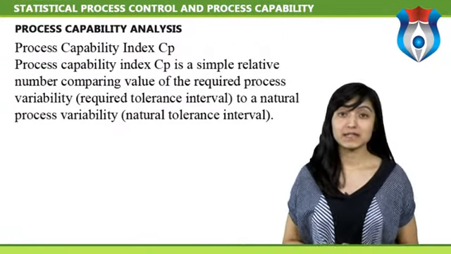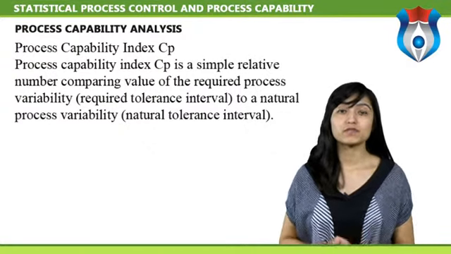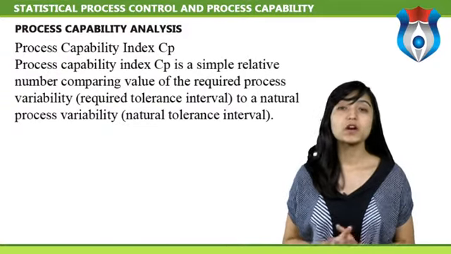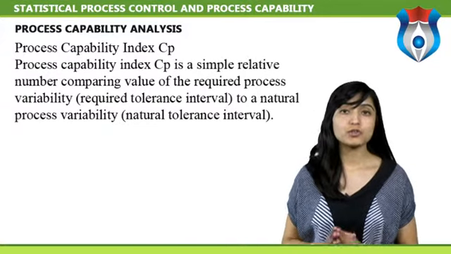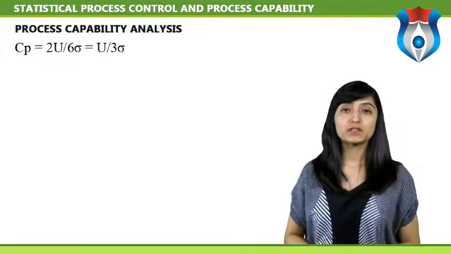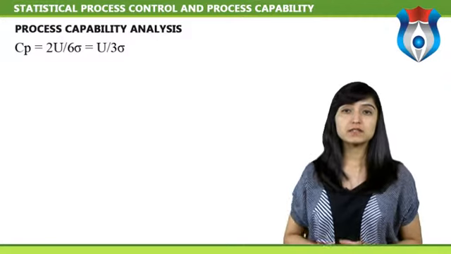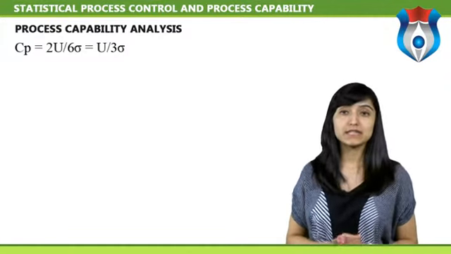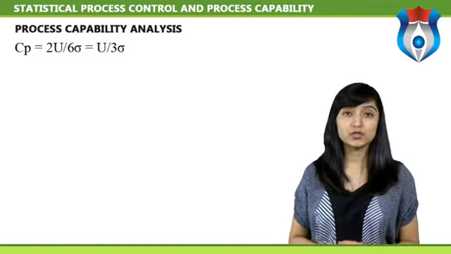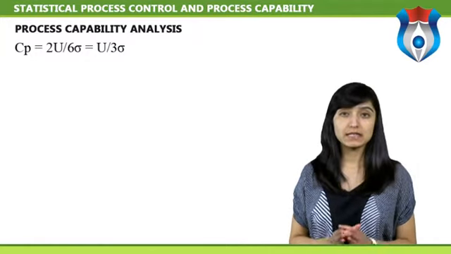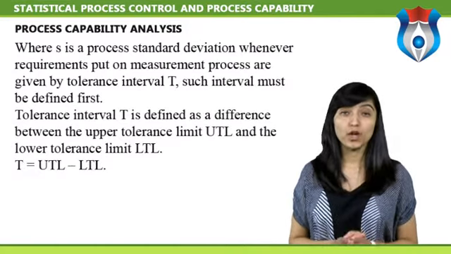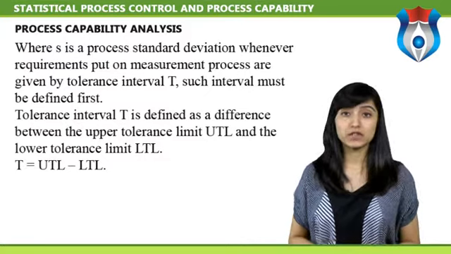Process capability index CP. Process capability index CP is a simple relative number comparing the value of the required process variability, the required tolerance interval, to the natural process variability, the natural tolerance interval. For a measuring process given by expanded uncertainty U, capability index CP is calculated as CP is equal to 2U by 6 sigma, which is equal to U by 3 sigma, where sigma is the process standard deviation.